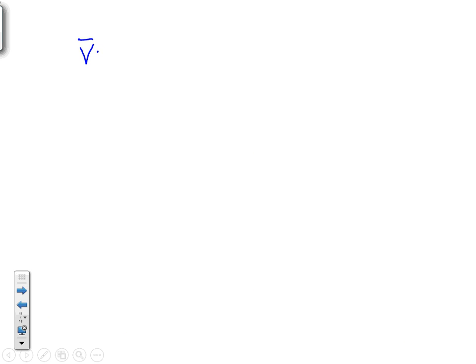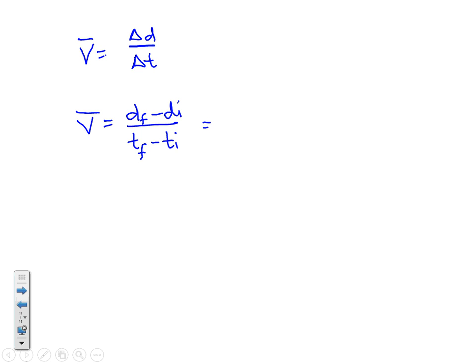So we're going to look at the whole graph to find the average speed. Average speed is your change in position over your change in time. So for our average speed, we have DF minus DI over change in time. We have 100 meters minus 0 over our final time, 10 hours minus 0.